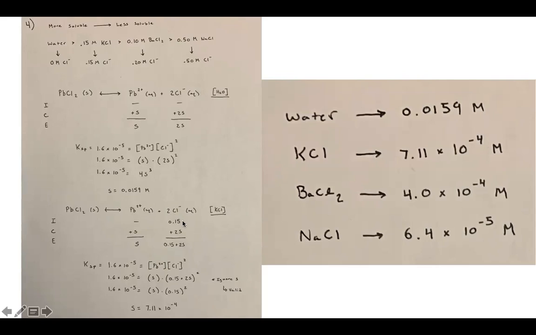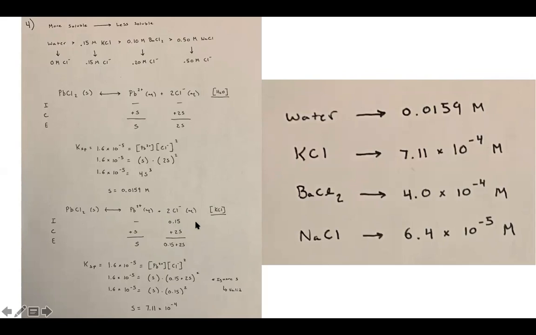So the initial amount of chlorine will be equal to the concentration of chlorine from potassium chloride. We're told that it's a 0.15 molar potassium chloride solution, meaning that the solution is 0.15 molar in terms of just chlorine, and so that's the value we're going to use for our initial amount of chlorine.